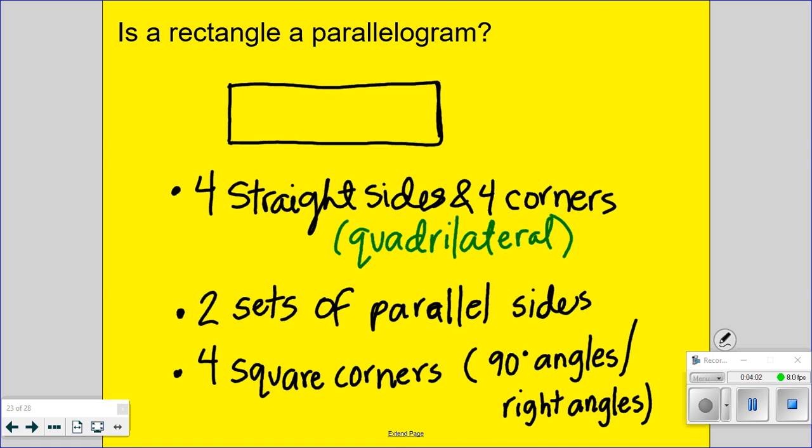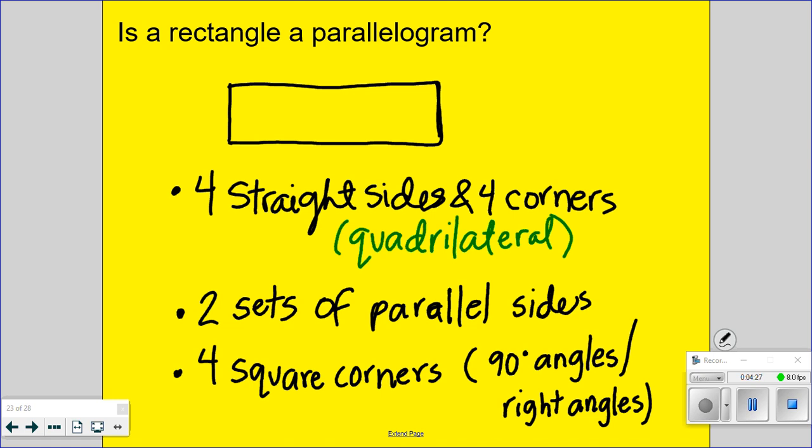Is a rectangle a parallelogram? Raise your hand to tell me. What do you think? Do we think that a rectangle is a parallelogram? Harper, what are your thoughts? Yes, it is. Okay, explain it to me.